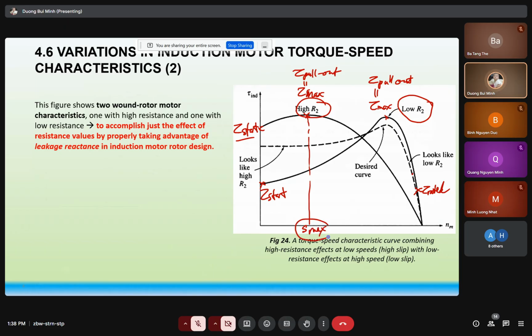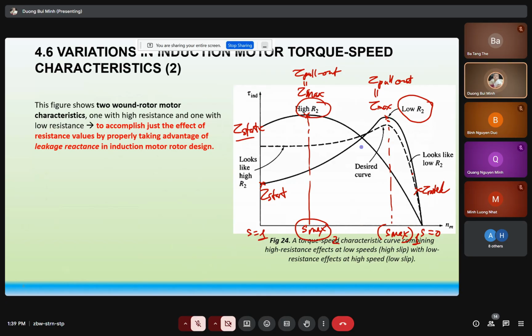I mentioned to you before, S_max means the slip at the maximum torque. S_max doesn't mean the maximum value of S. Please remember that. Again, S_max is the value of slip at the maximum torque. For example, this is S_max1, this is S_max2.